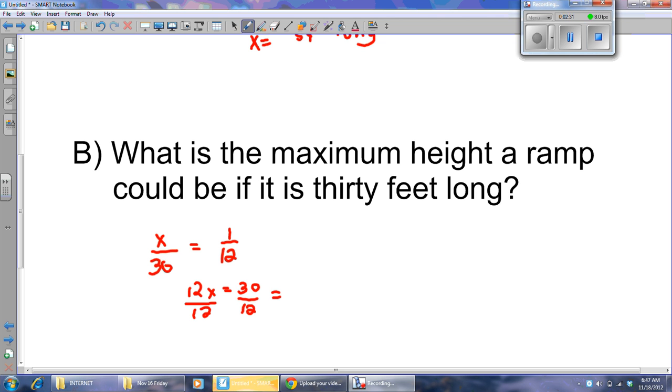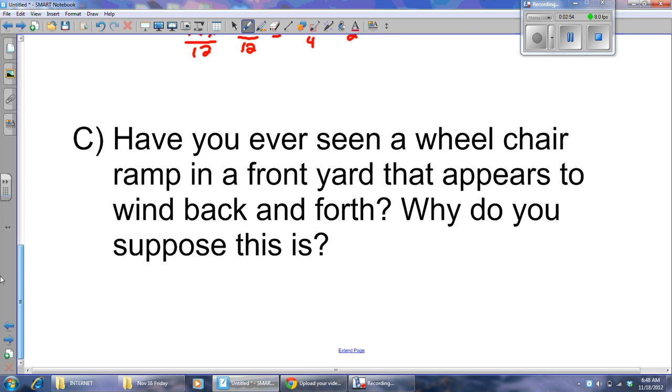Before I actually divide, I like to simplify, so I'm going to divide by 3. Get 10/4. Should have divided by 6. Get me down to 5/2. I can see that it can be 2.5 feet tall. I know it's a super easy problem, but I want you to recognize that this is a slope problem in disguise.